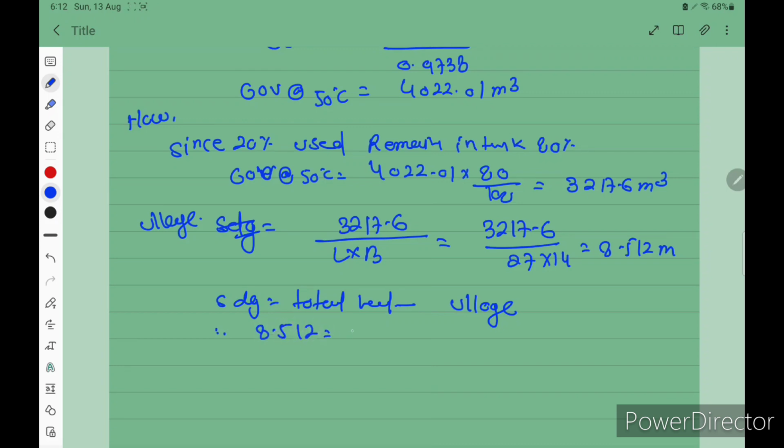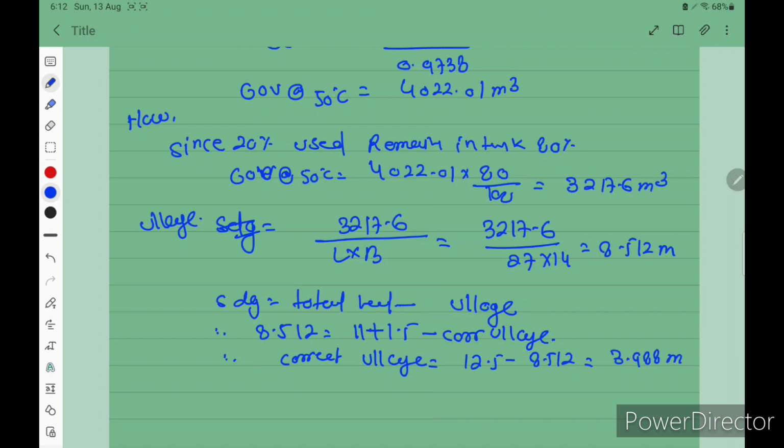So 8.512 is equal to 11 plus 1.5 minus corrected ullage. Therefore corrected ullage is equal to 12.5 minus 8.512, which is 3.988 meters.